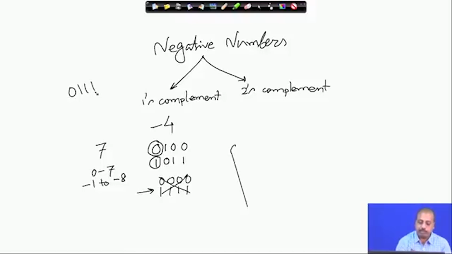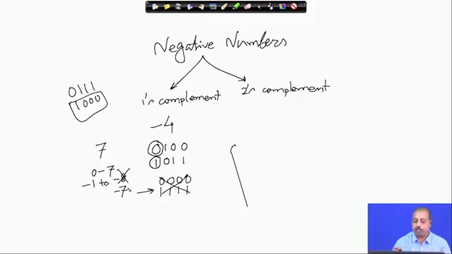If I want to represent -7, then it becomes 1 0 0 0. So, this is not -8; this is going up to -7. So, I can go from 0 to +7 and -1 to -7.